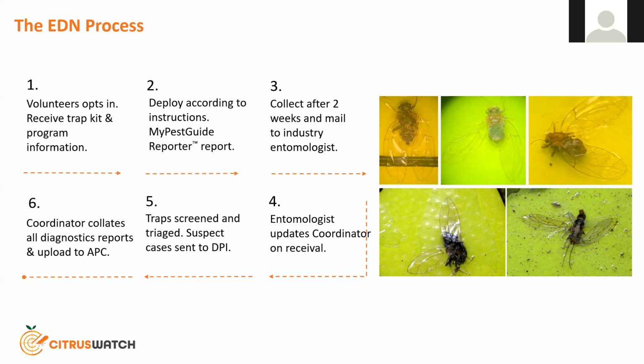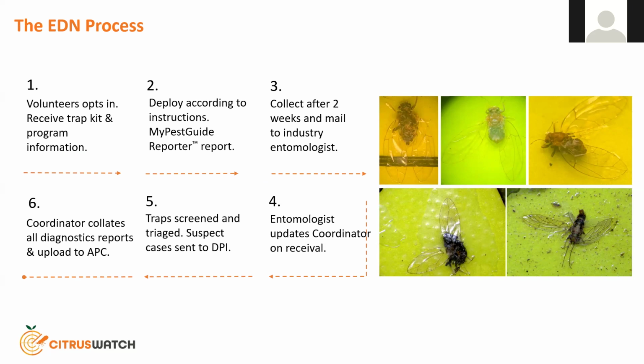You may have encountered us through a mail out or some online information, or you may have met one of our officers at a garden festival or an event. Once you've received the kit, you can follow the instructions and deploy your trap.